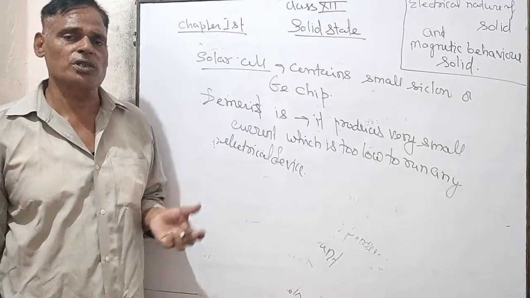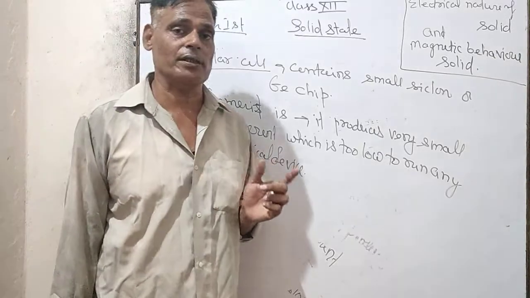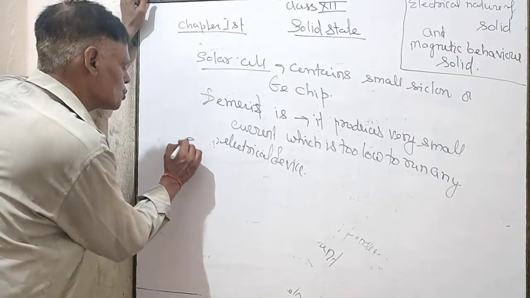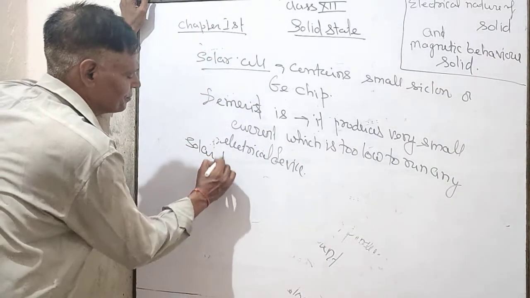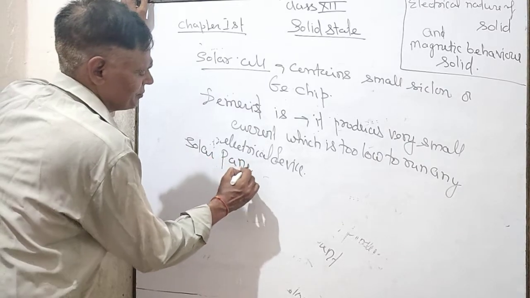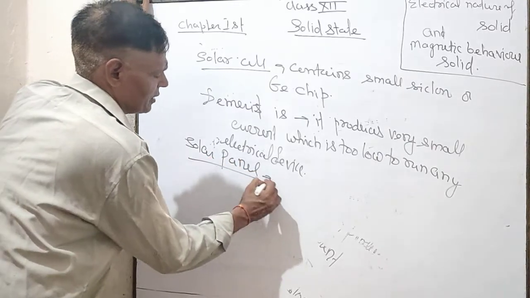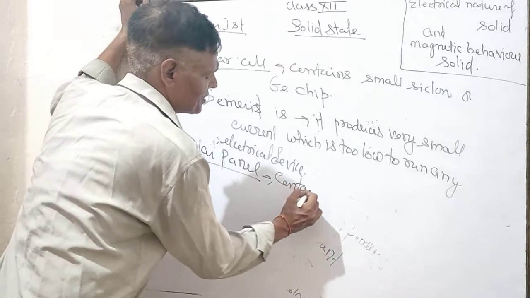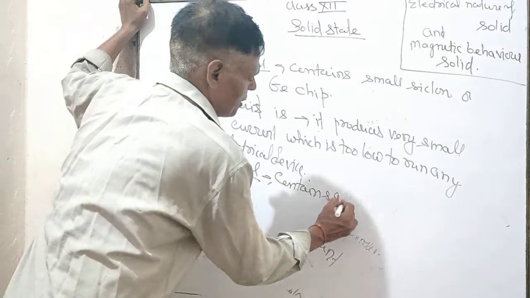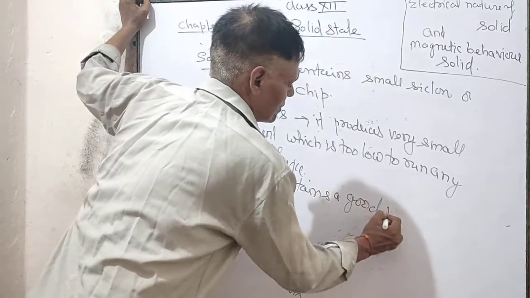And this problem was removed by solar panels. So what is a solar panel? A solar panel contains a good number of solar cells.